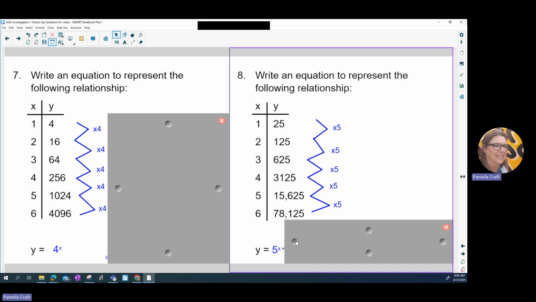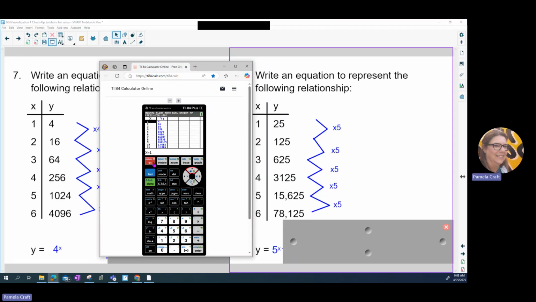So I know 5 to the x, but if I go into my calculator and put in 5 to the x, this one shows 1 is 5, 2 is 25, 3 is 125. So I feel like it's off by 1.